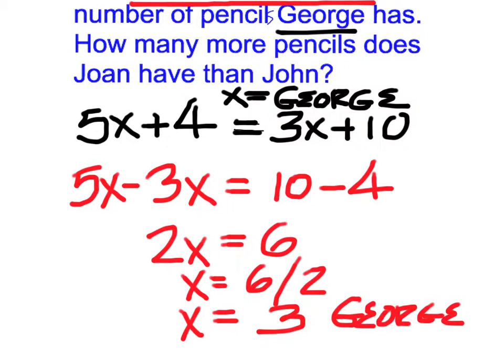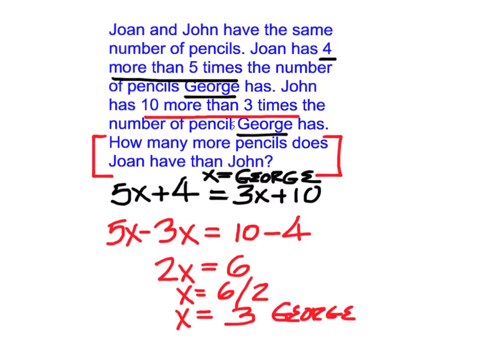The final question is, how many more pencils does Joan have than John? Well, Joan is on the left, 5x plus 4.